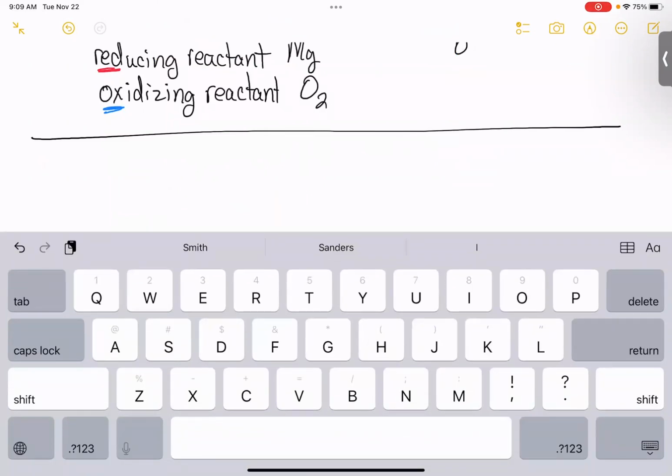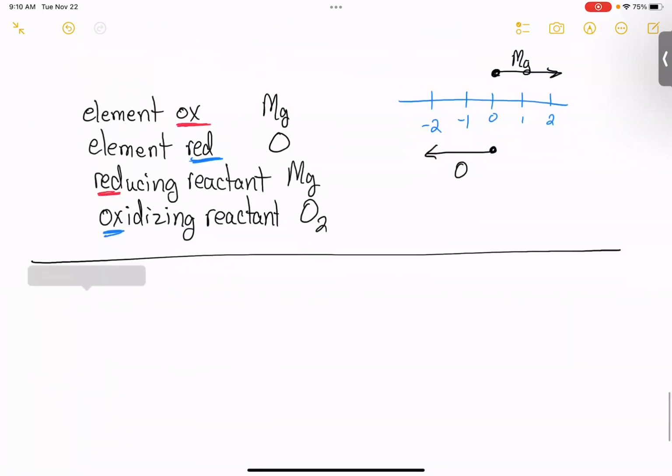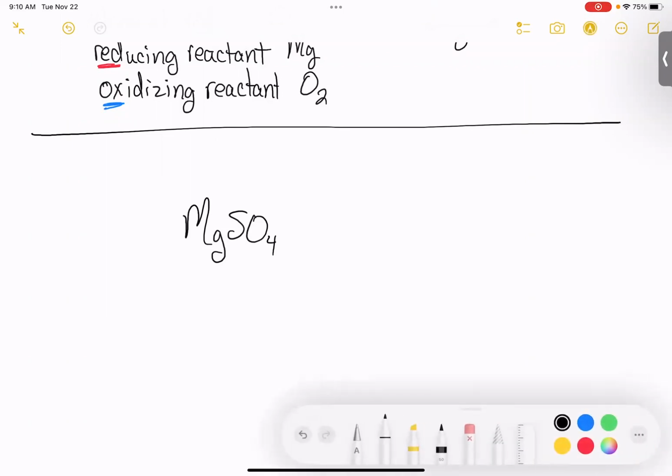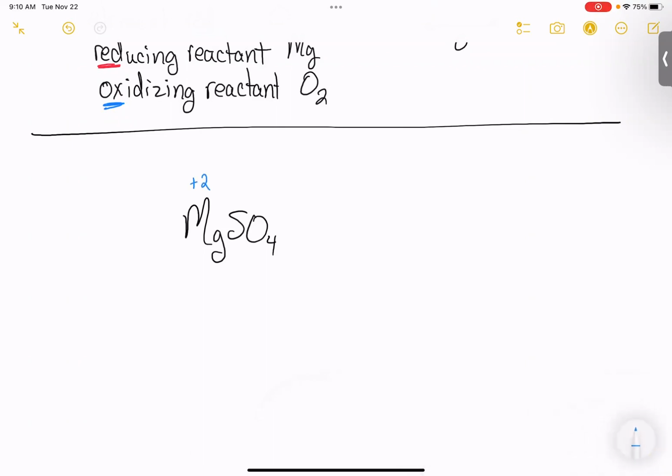Let's say, actually, I'm going to use an example that was discussed just now, MgSO4. I need the oxidation state of every element in this compound. The magnesium is a +2 because it is an ion of an element, and that is its charge.